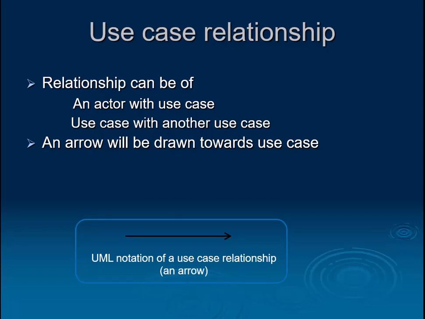But when the action proceeds, the outcome of one use case can be the input for another use case, or we can say one use case initiates another use case. An arrow will be drawn towards the use case. So this is the relationship. The UML notation used for the use case relationship is this arrow.